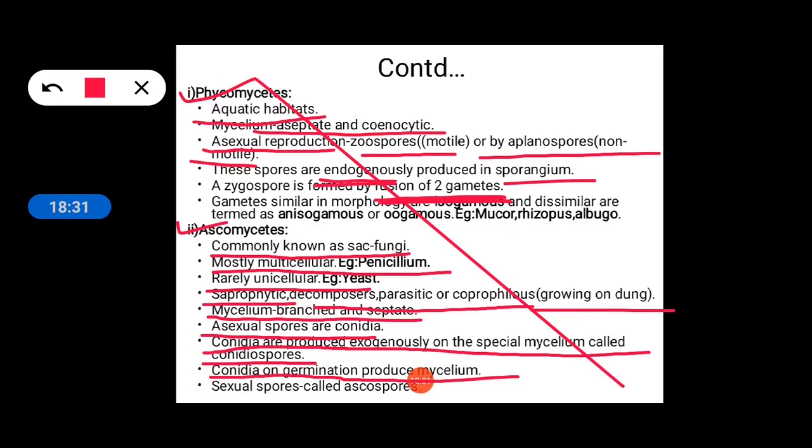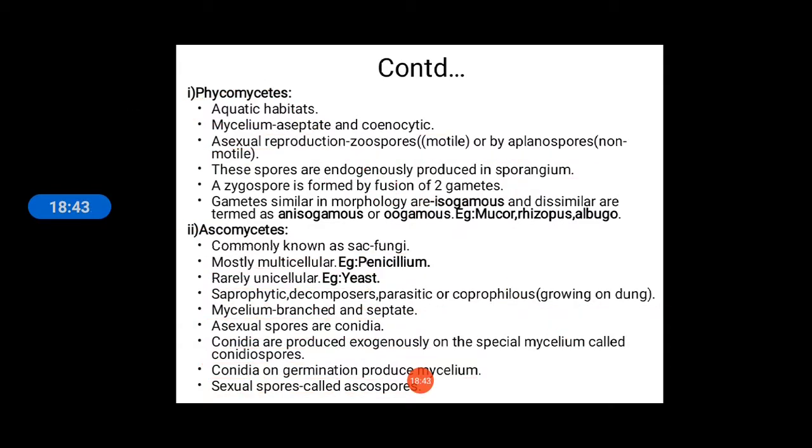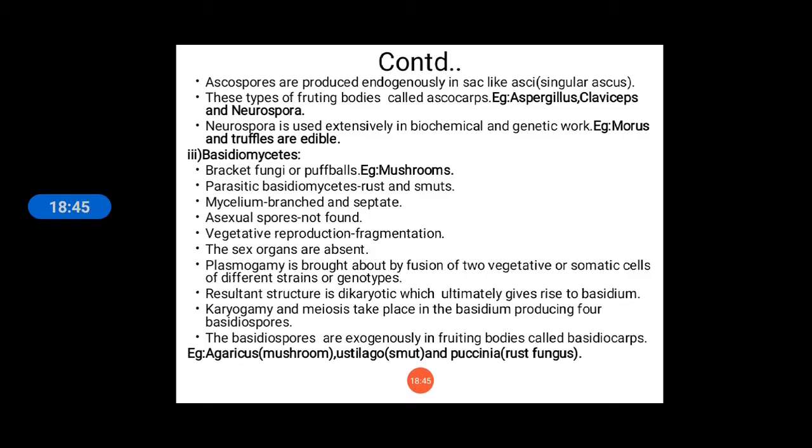Sexual spores called ascospores. Sexual spores in this class of fungi, that is Ascomycetes, are called ascospores. Ascospores are produced endogenously in sac-like asci, singular ascus.